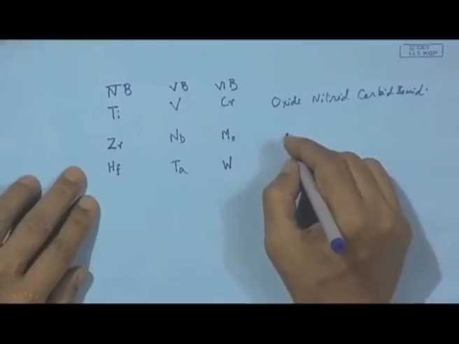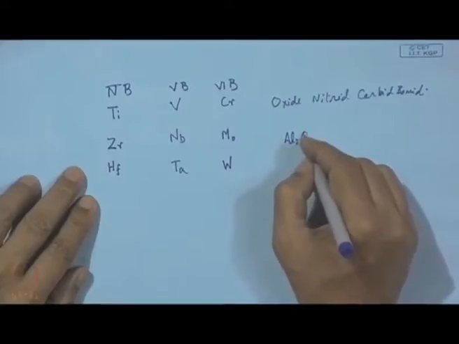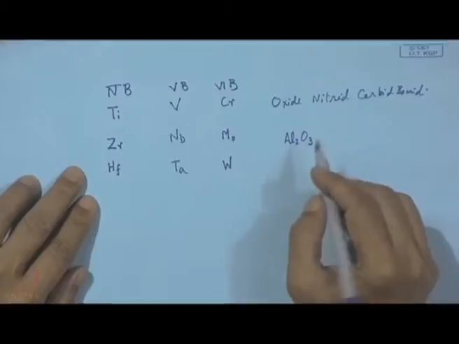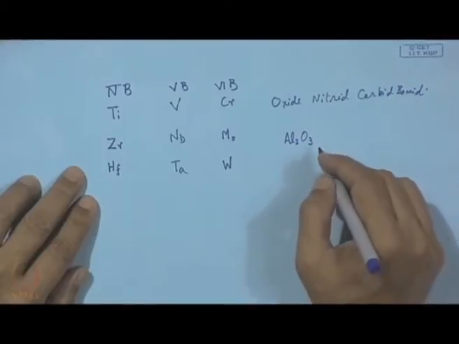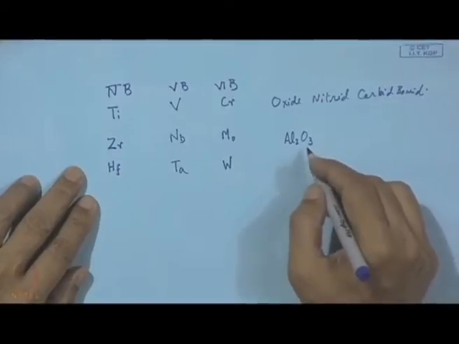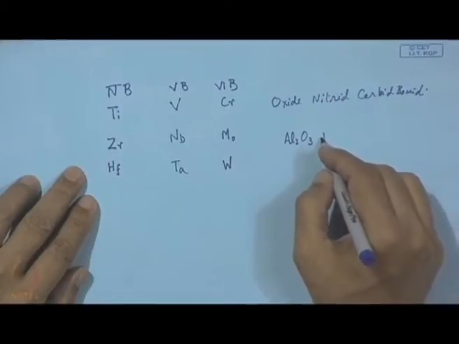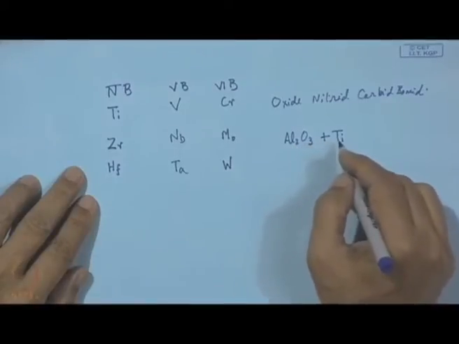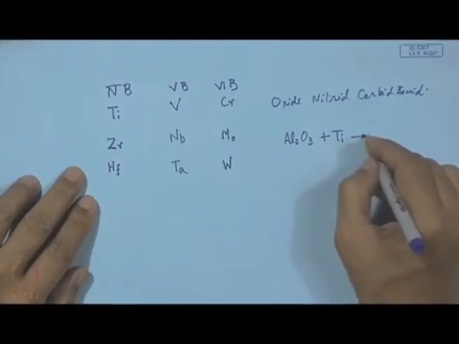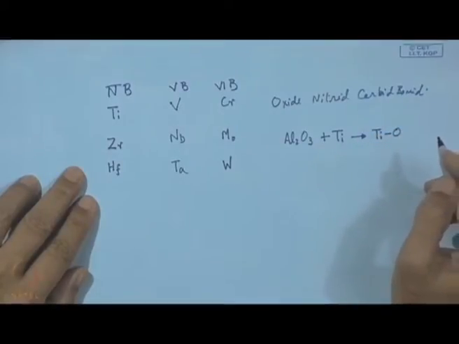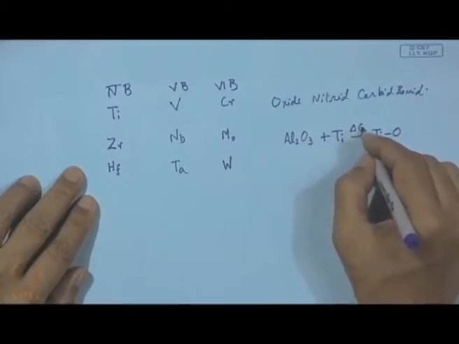For example, if it is aluminum oxide, then one has to look at whether by having titanium in the alloy, we can have a reaction between the aluminum oxide and titanium leading to some oxide of titanium. This is one important issue to be addressed.